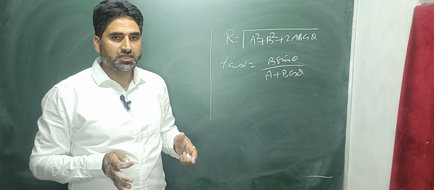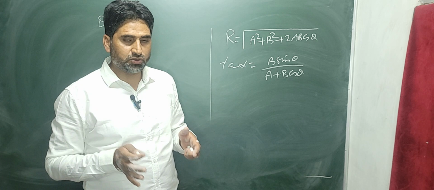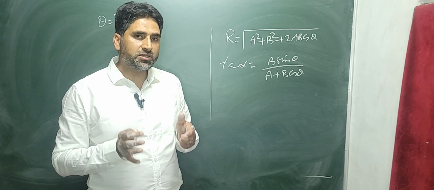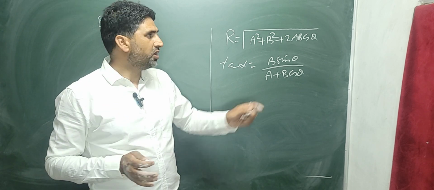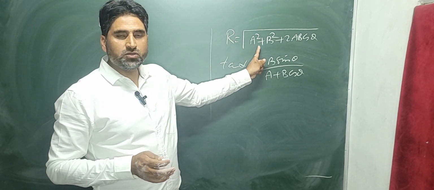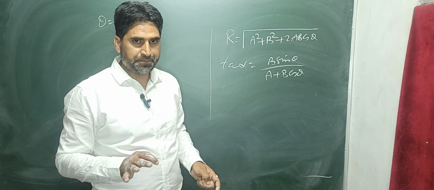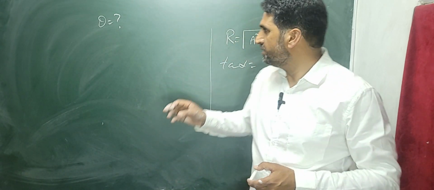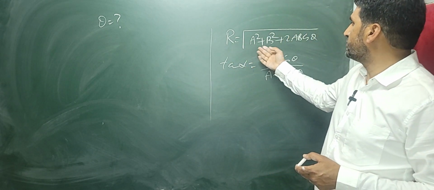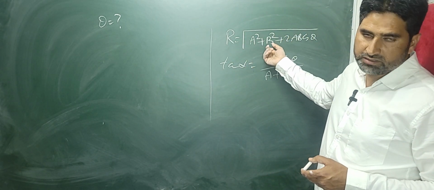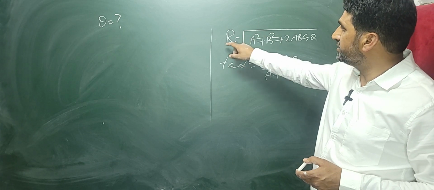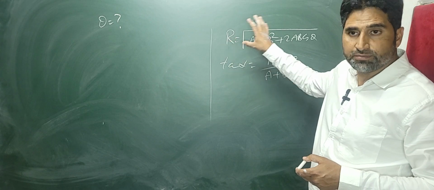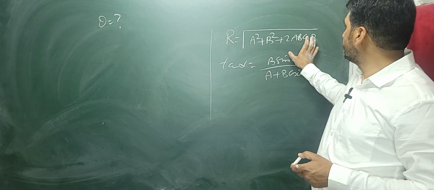The question is: the two vectors are equal to each other, their magnitude is the same, and you have to tell the angle. If the magnitude of both vectors is the same and the resultant is equal to one of the two vectors, then tell us what the angle will be. The question is: in the two vectors of same magnitude, find the angle between the two vectors of equal magnitude, and if the resultant is equal to the magnitude of either vector, then calculate theta.